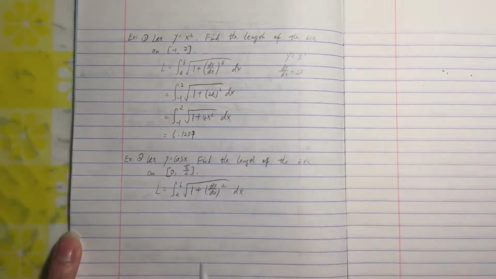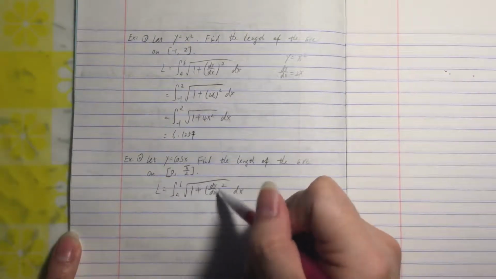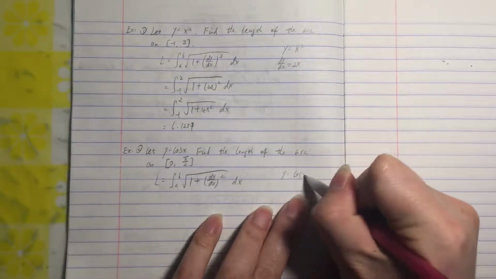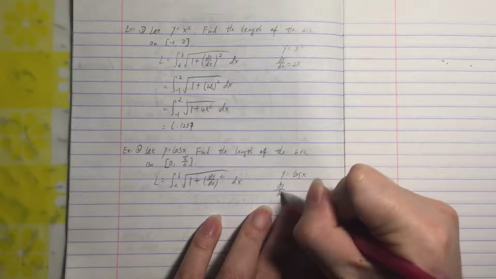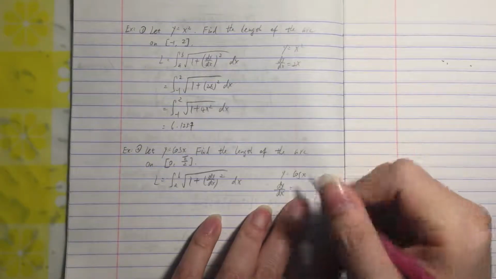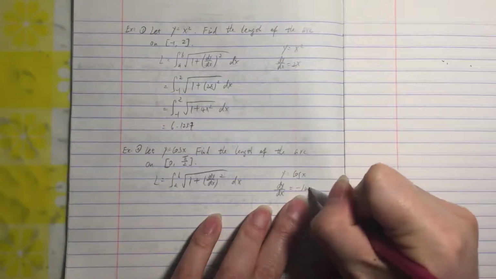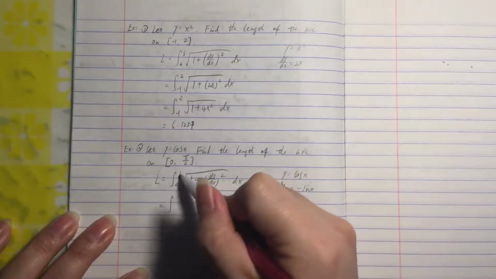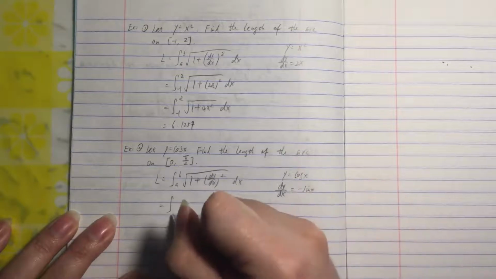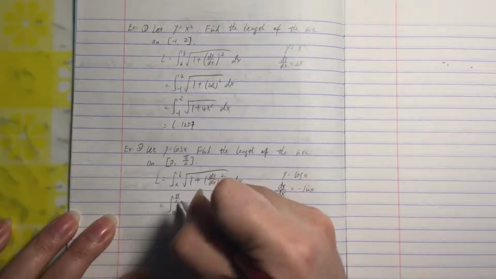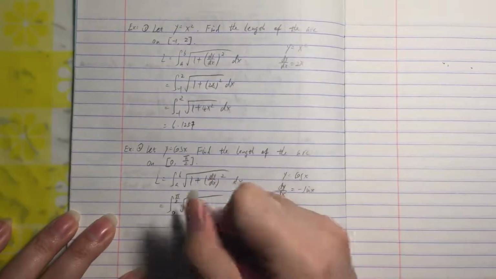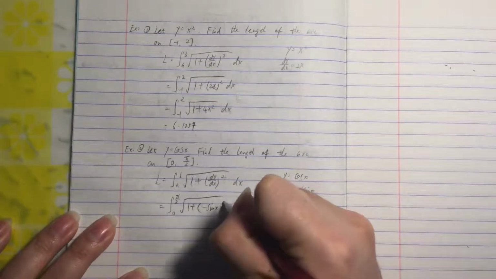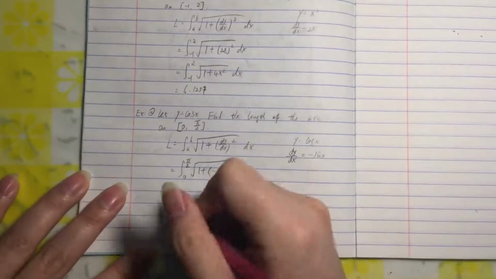In order to find the arc length, first step, find dy over dx. Here, y is cosine of x. So dy over dx, derivative of cosine is negative sine. Then plug in. Here, a is 0, b is pi over 2. So I take integral from 0 to pi over 2. Square root of 1 plus negative sine x squared times dx.